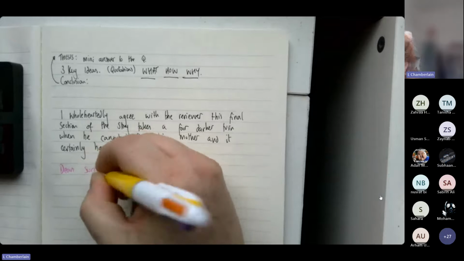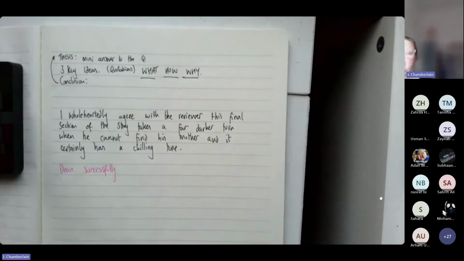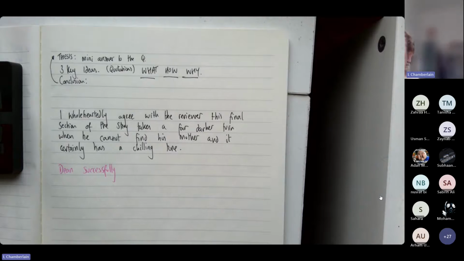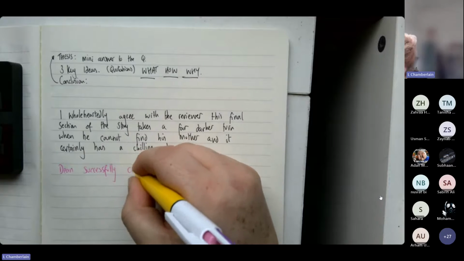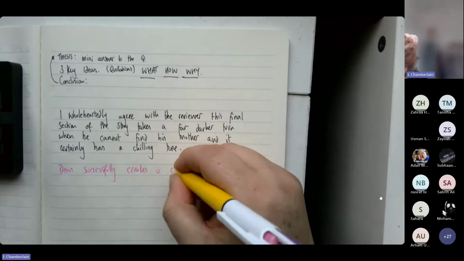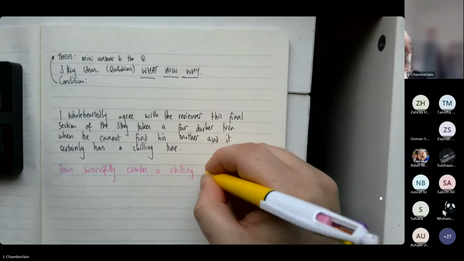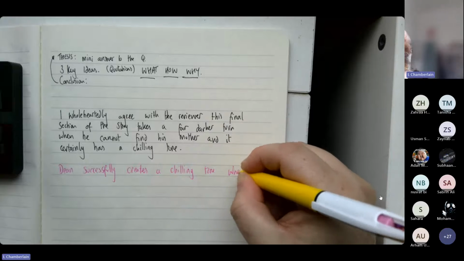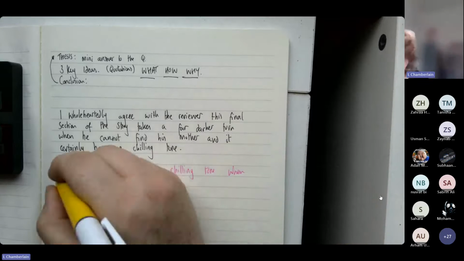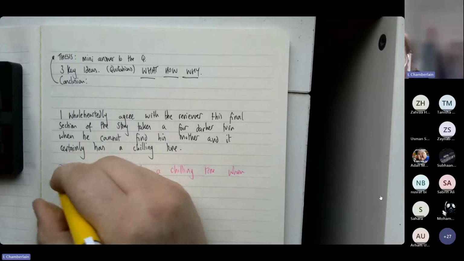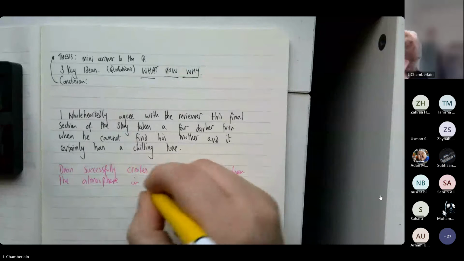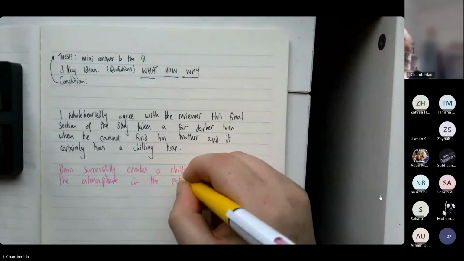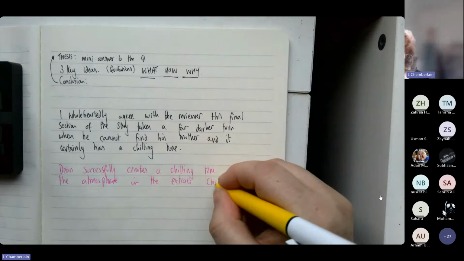And if I use adverbs like successfully, clearly, cleverly, I'm offering a valuation as I go. So it's just going to make my writing appear more evaluative. That's going to help me. So Dean successfully creates a chilling tone when the atmosphere in the extract changes dramatically.